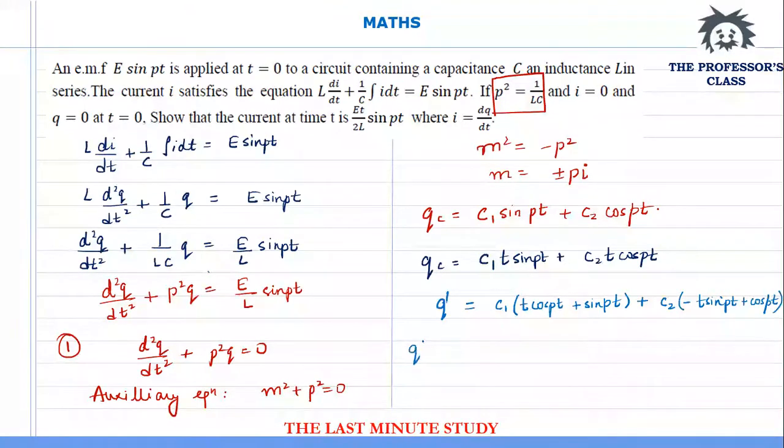Now the double derivative will give me c1. This whole equation will also be multiplied by p, because p is a term before time t. Now again I'll have p square c1 common over here, and then the inner term will become, this again will be differentiated with the help of chain rule. So you'll get cos pt minus t sin pt plus cos pt.